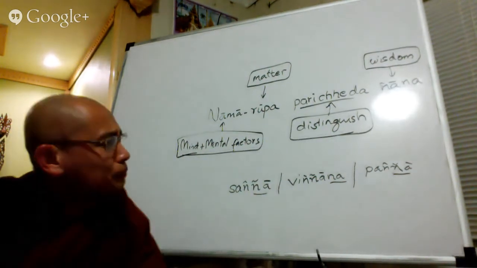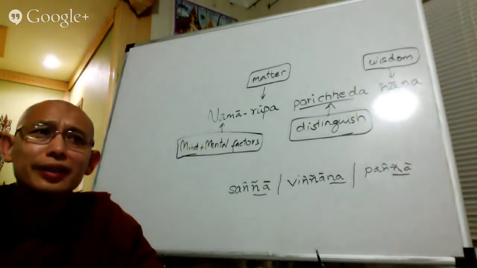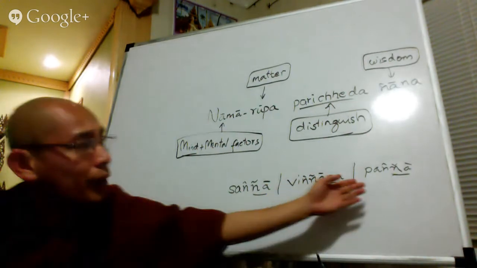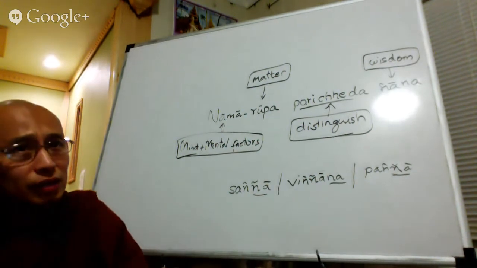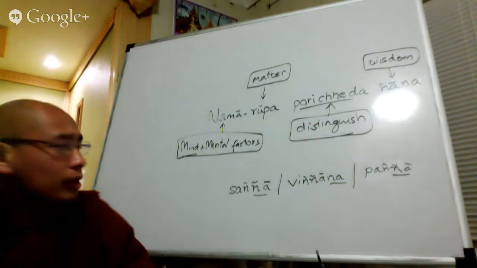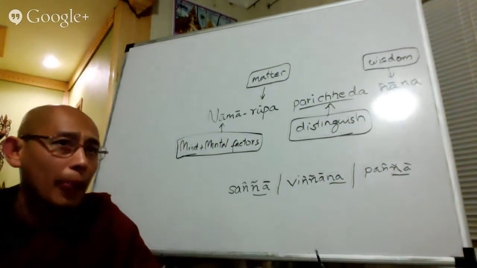Like knowing the object, but in a different way. Vinnana is knowing the object. Panna is also knowing the object. Sanna also, but in a different way. These three things are in a different way.